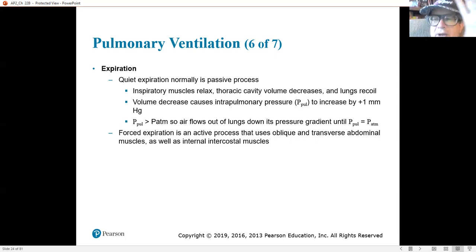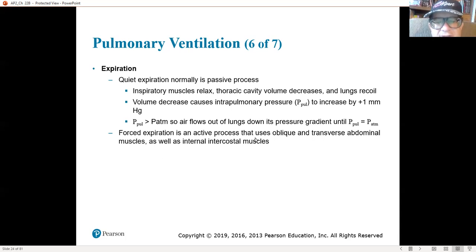The volume going down is going to make the pressure go up. So then you have the pulmonary pressure higher than the atmospheric pressure. So the air will flow out. Again, it's down the gradient.